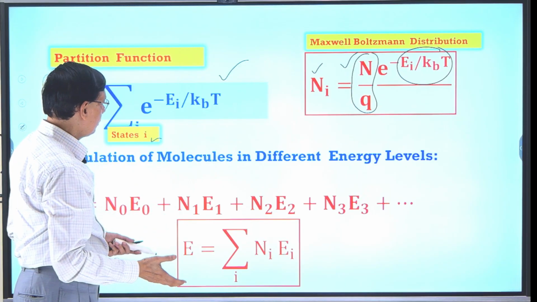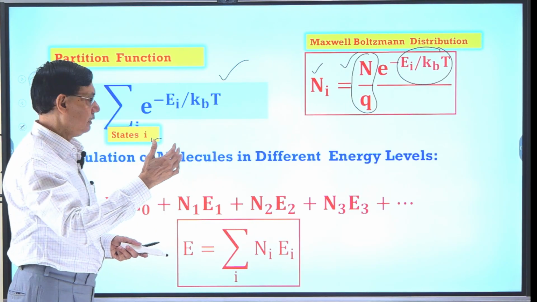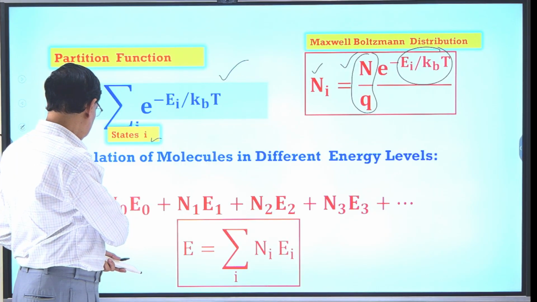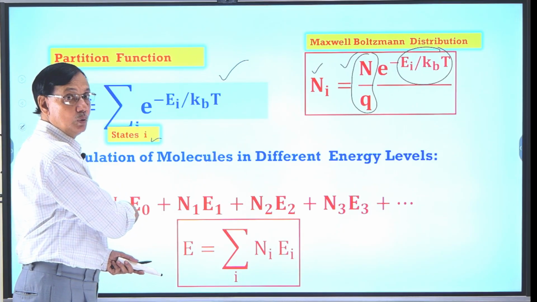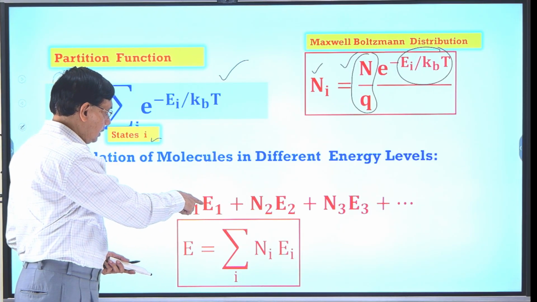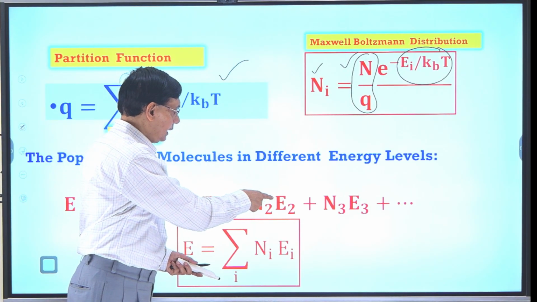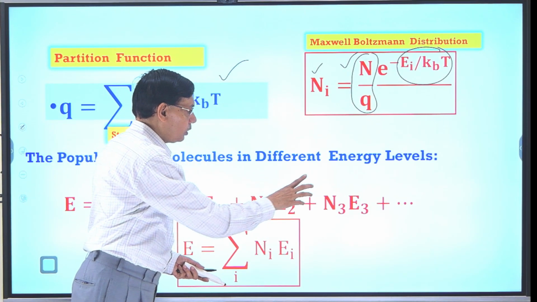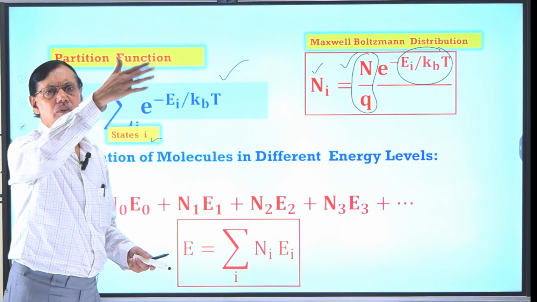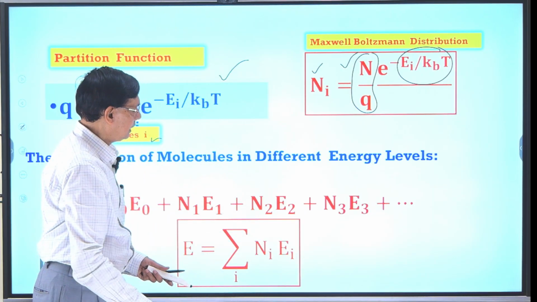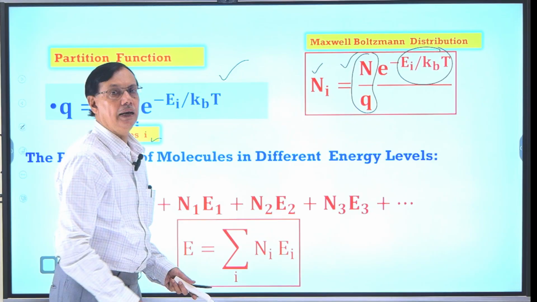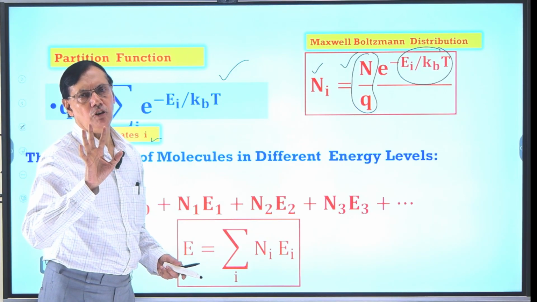So the population of molecules in different energy levels. There are different energy levels. So total energy is equal to N0 corresponding energy E0, N1 corresponding energy E1, N2 corresponding energy E2, N3 corresponding energy E3, like that, Ni to Ei. So I can write E is equal to summation from i to infinity of Ni Ei. So we need three formulas.